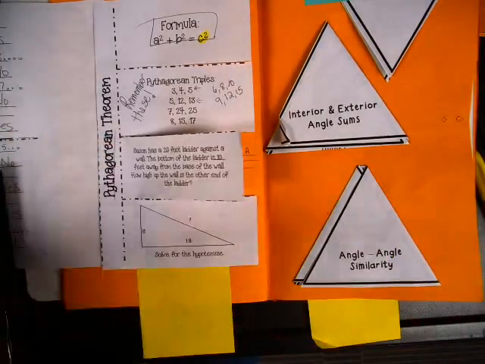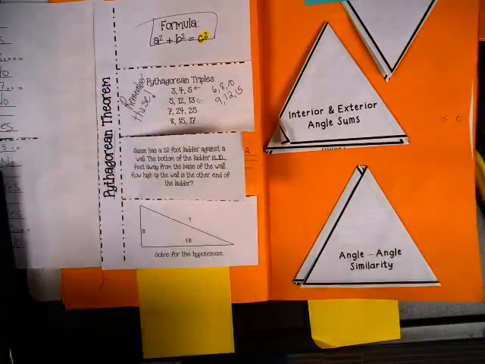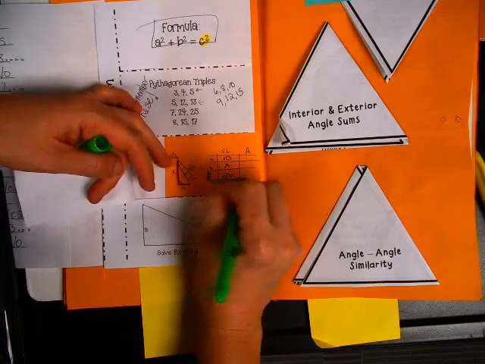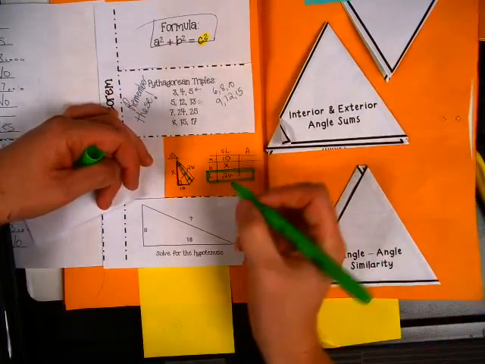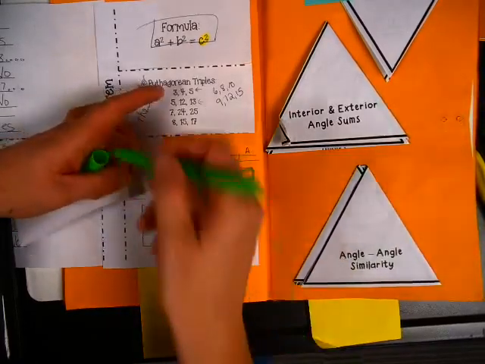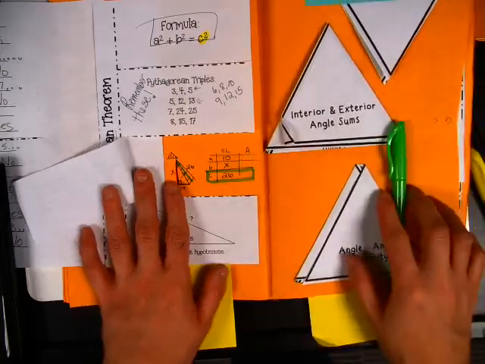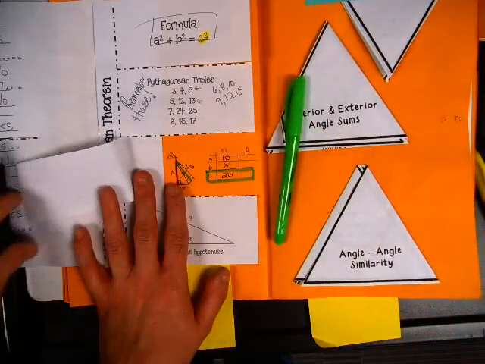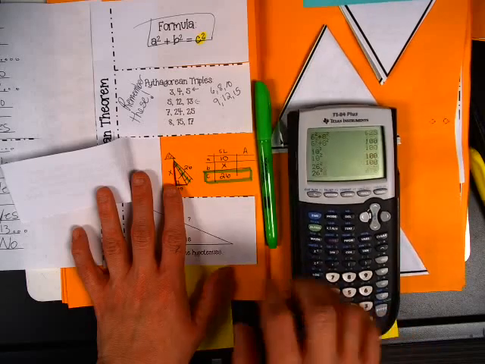But C I always highlight because C is the important one. And so, if I know C, I know I'm going to have to subtract because everything has to equal C. All right, so what is 26 squared?